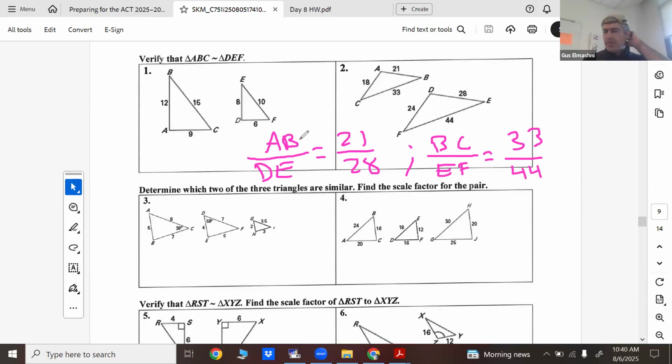What does each fraction reduce to? Yeah, you get 3/4 and 3/4. So the answer is yes.